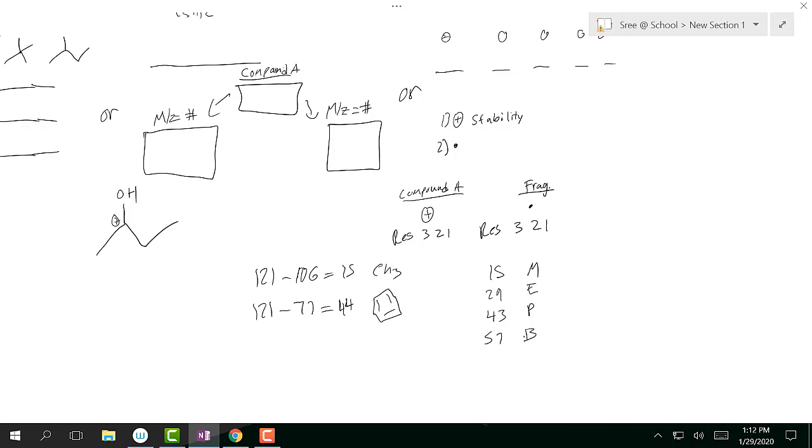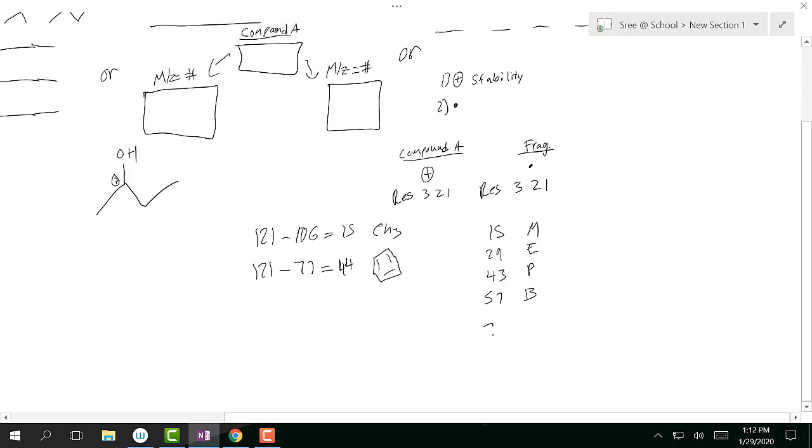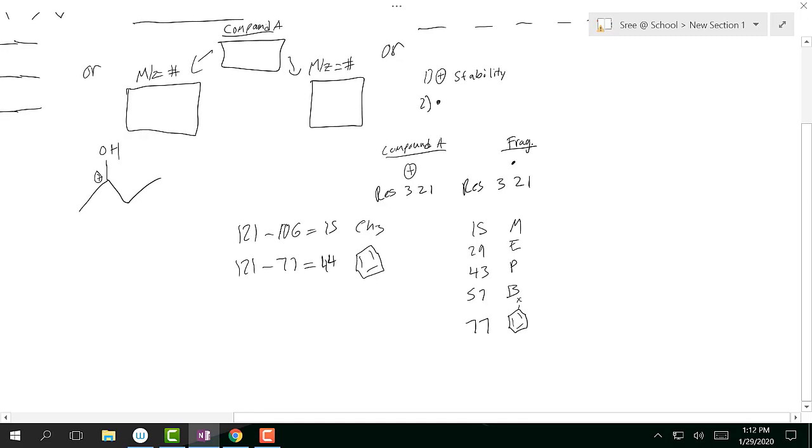No, that's a butyl. A benzene ring is going to be 77. That's a benzene ring with some type of substituent on it. So that's 6 times 12, and then plus 5 hydrogens. That's how you get 77.